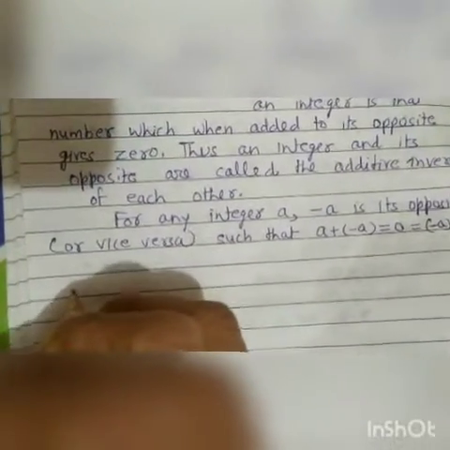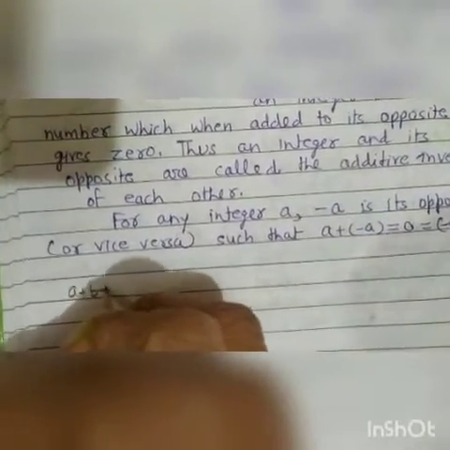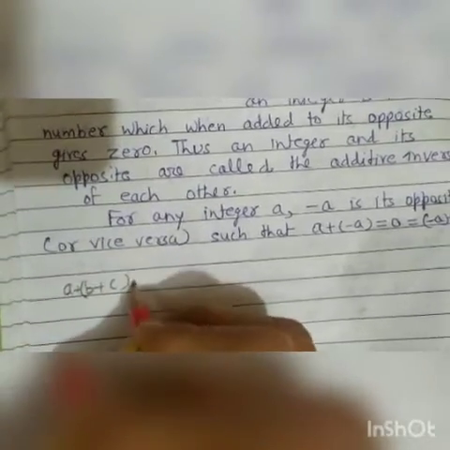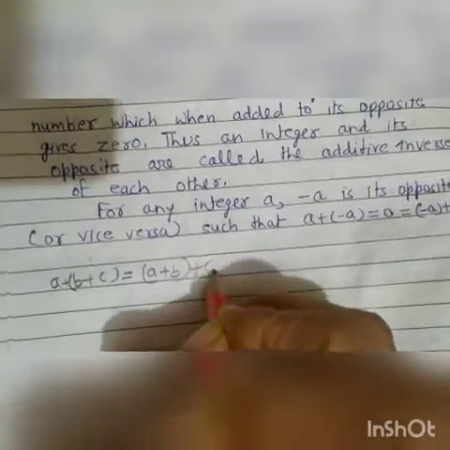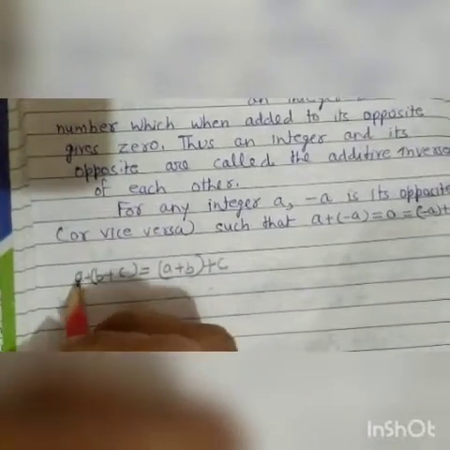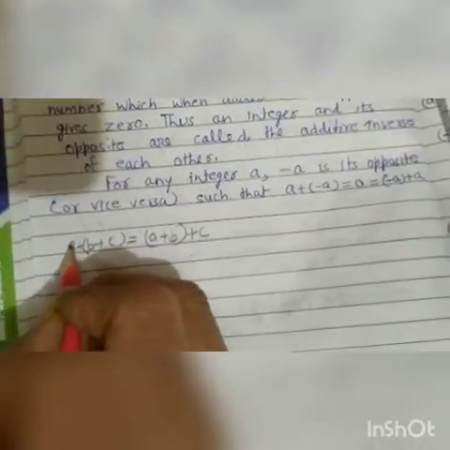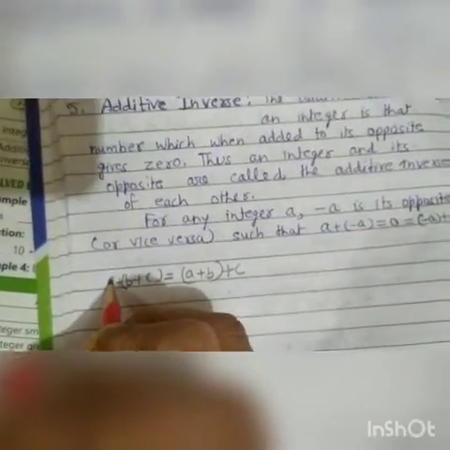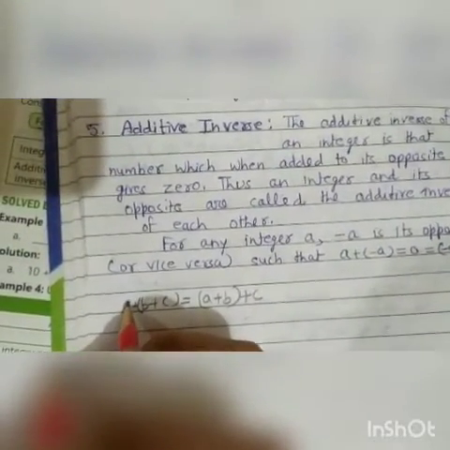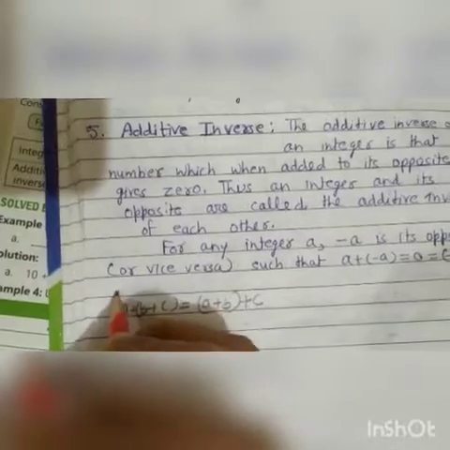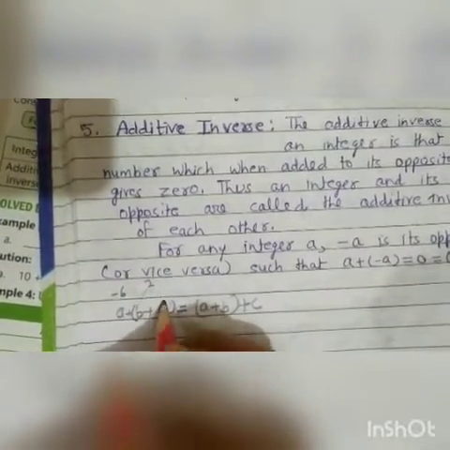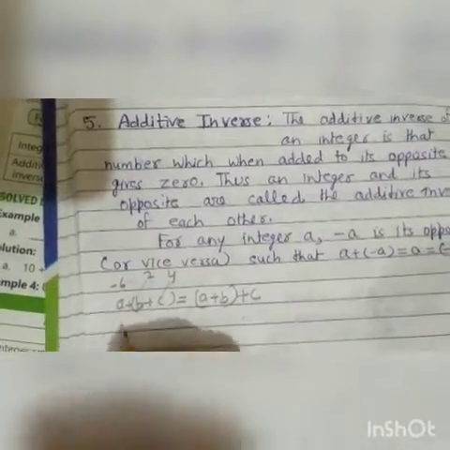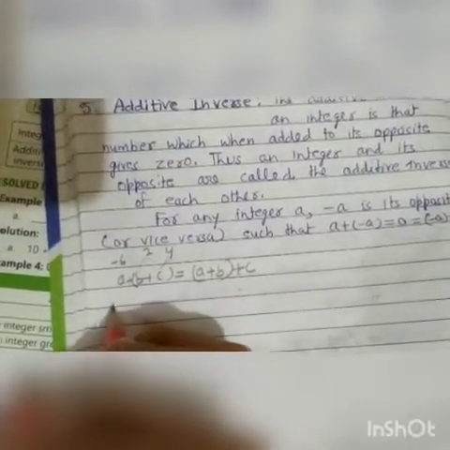Let us check. a plus (b plus c) is equal to (a plus b) plus c. Again, we will take three integers. Suppose a is equal to minus 6, b is equal to 2 and c is equal to 4.